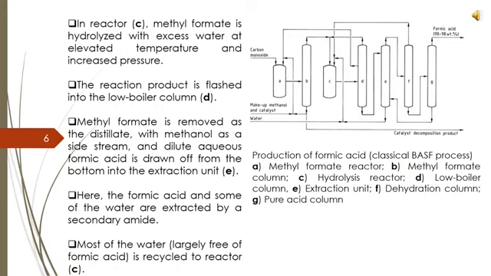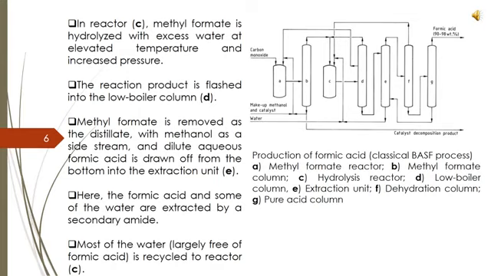The reaction product is flashed into the low boiler column. In the hydrolysis reactor C, elevated temperature and increased pressure are used, and excess water is used to hydrolyze methyl formate. As we have seen, why is excess water used?